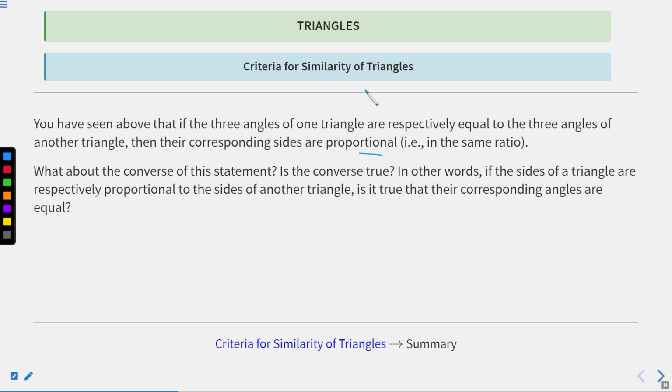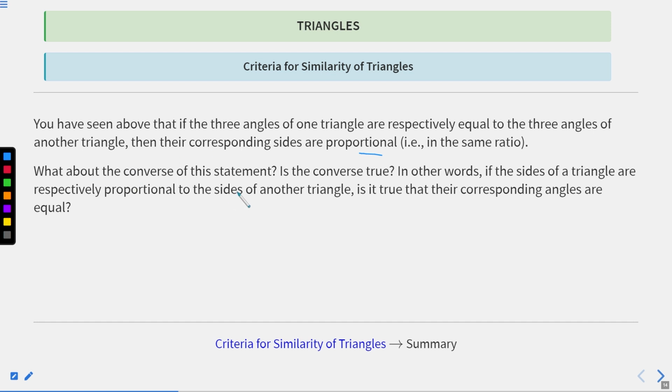If you can show the three angles of one triangle are equal to the three angles of another triangle, then their corresponding sides are proportional, which means they are similar triangles. So what about the converse of the statement?